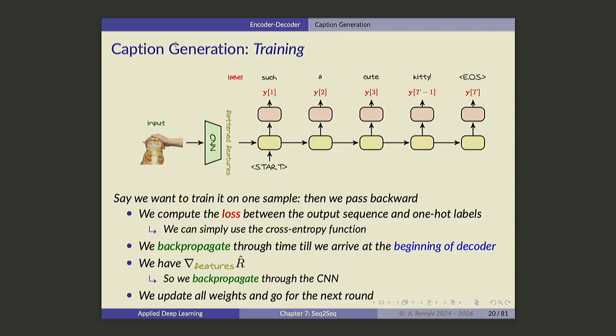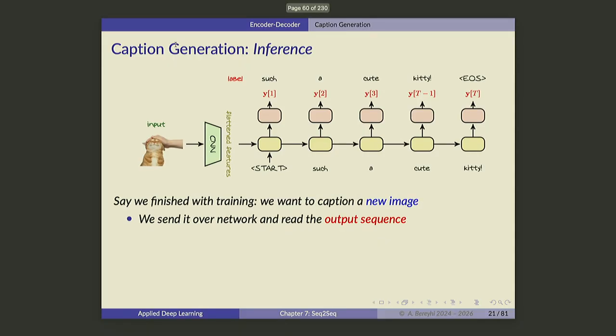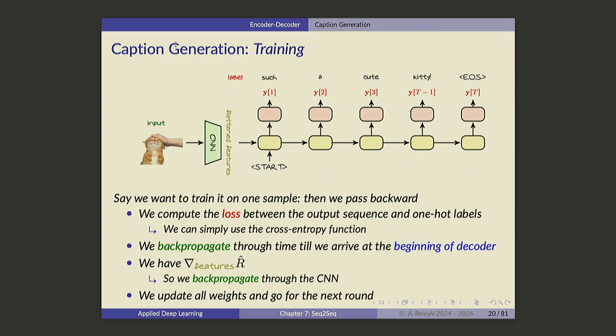Everybody's cool? So you get the gradient of the features, and you backpropagate through the CNN to get all the way backward to the input, and you update, right? Make sense? Everybody's cool? Questions? So here again, the one doing the learning for you is the gradient.